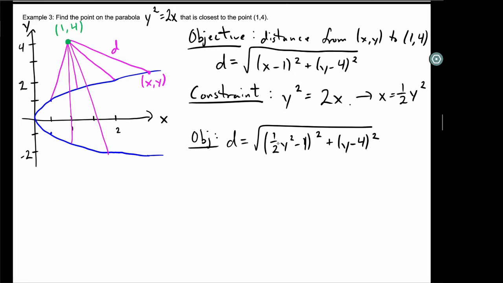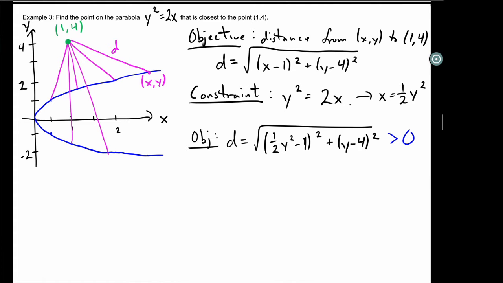We can, if we want, FOIL these things out and try to simplify, but that square root isn't actually going anywhere. So there's a neat trick here. Because this objective function is always positive, if we square it, whatever the minimum of this function is will also be the minimum of the squared function.